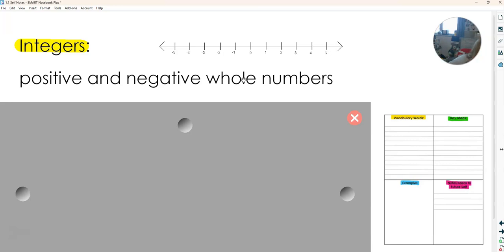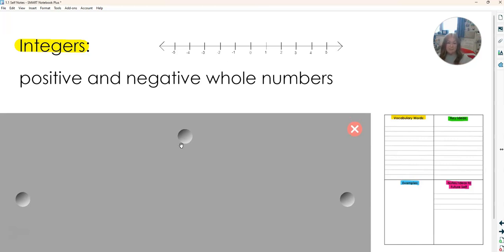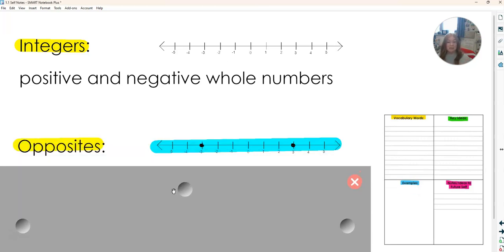They have to be whole numbers, counting numbers: 1, 2, 3, 4, 5, 20, 50, 70, 100, right? They're whole numbers, no decimals, no fractions. They're nice and easy. And then they can also be negatives: -1, -2, -300, -1,000, but they're whole numbers, no decimals, no fractions.